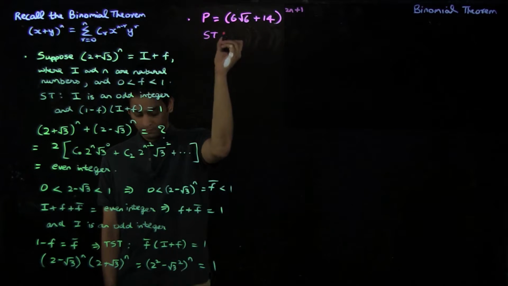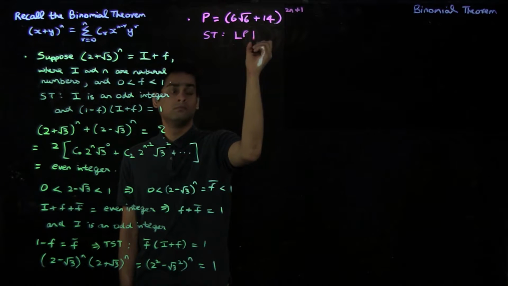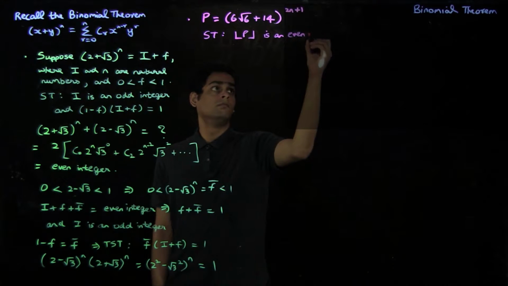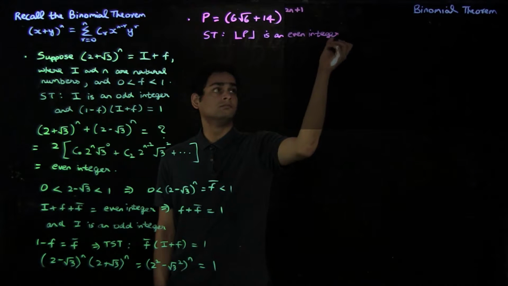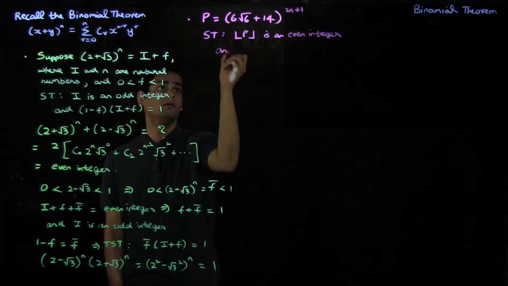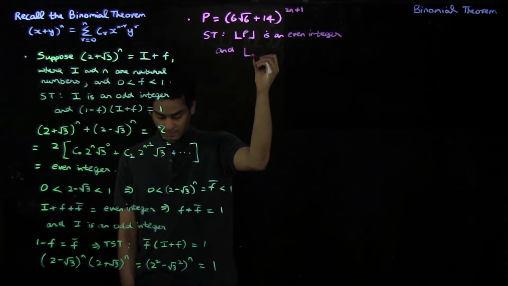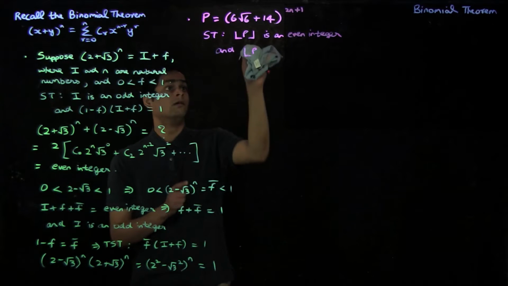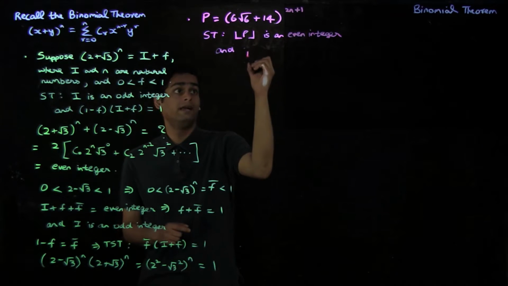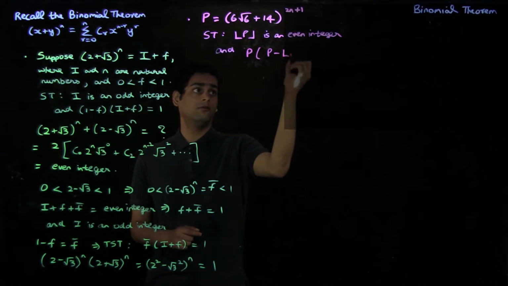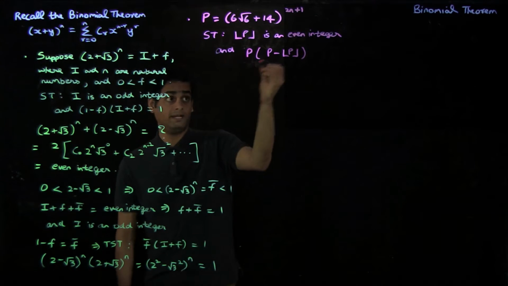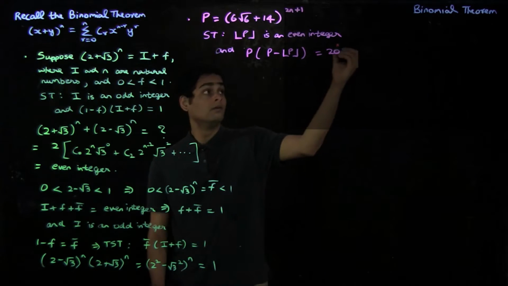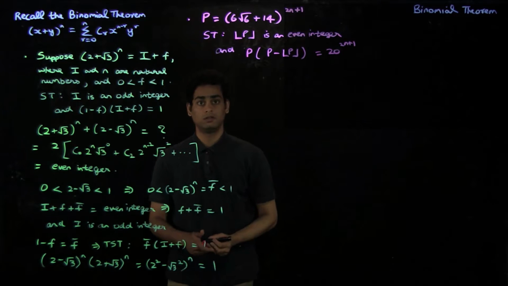We want to show that the floor of p is an even integer, and that p times (p minus floor of p), this is nothing but p times the fractional part of p, equals 20 power 2n plus 1. So this is the result we're asked to show.